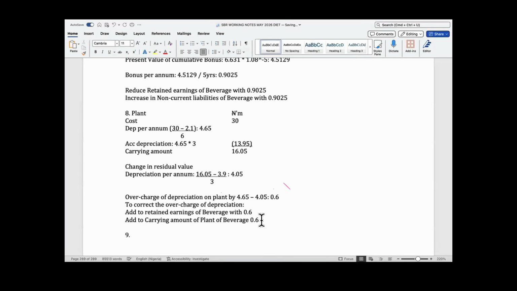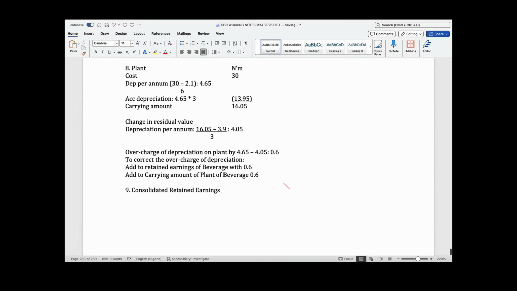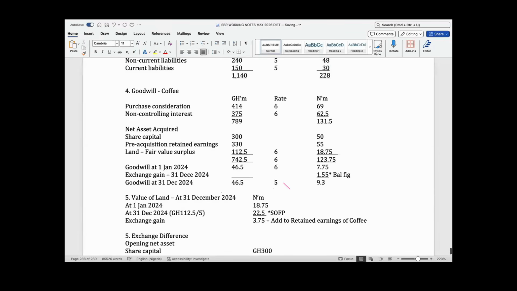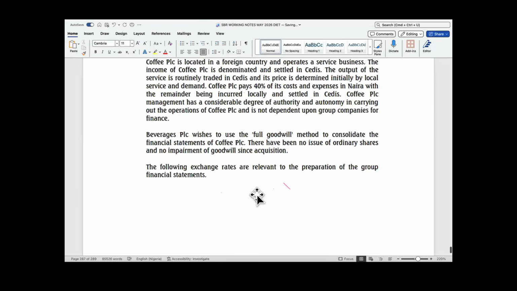Now that I've done all that, I can do my consolidated retained earnings. I will start with that of beverage. How much is the retained earnings of beverage and those other guys?